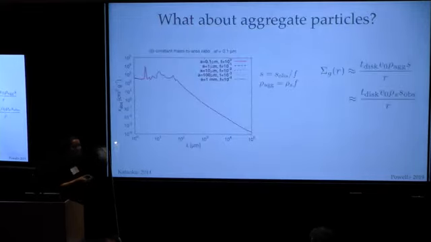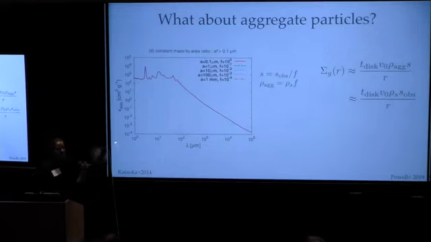So what if particles are actually aggregates? Here I'm showing a result from Kataoka et al. 2014, where I'm plotting the absorption opacity for different particles as a function of wavelength. And what they find is that porous particles are typically characterized in terms of their optical constants by their mass to area ratio, or their particle size times their filling factor.